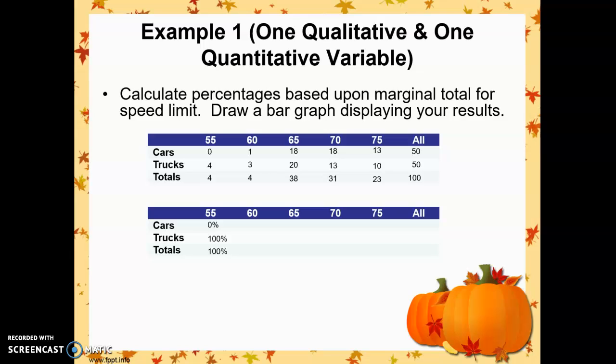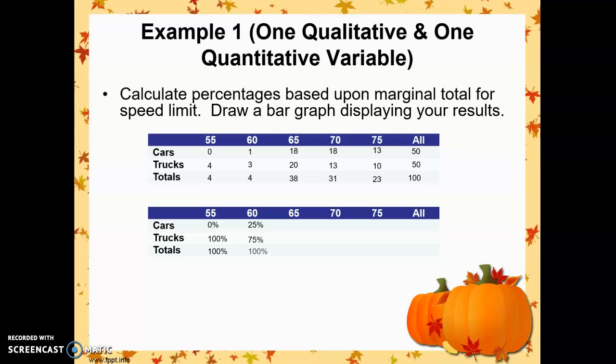So if I do the same thing with my maximum speed limit of 60, of the four states that had a maximum speed limit of 60, one of those values was for a car, and 1 out of 4 is 25%. 3 of them were for trucks, and 3 divided by 4 is 75%.